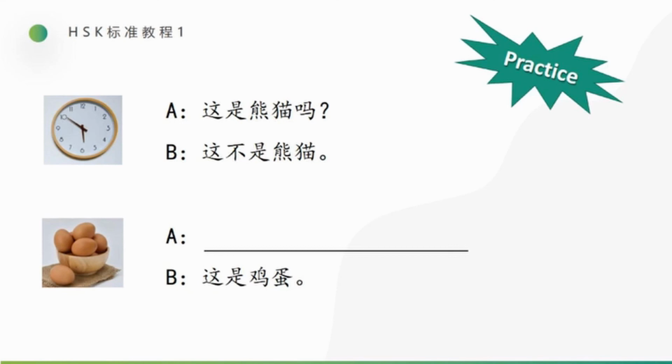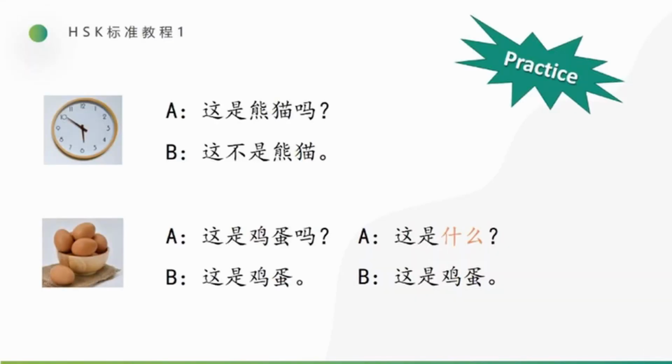What should A say? 这是鸡蛋, so A should say... It's a question. 这是鸡蛋吗？It's also right. We have two ways. 这是什么？这是鸡蛋。这是鸡蛋吗？这是鸡蛋。Both are right.